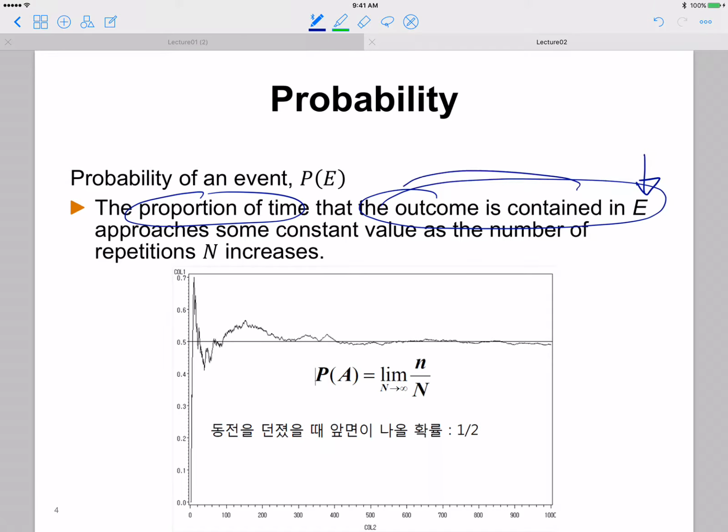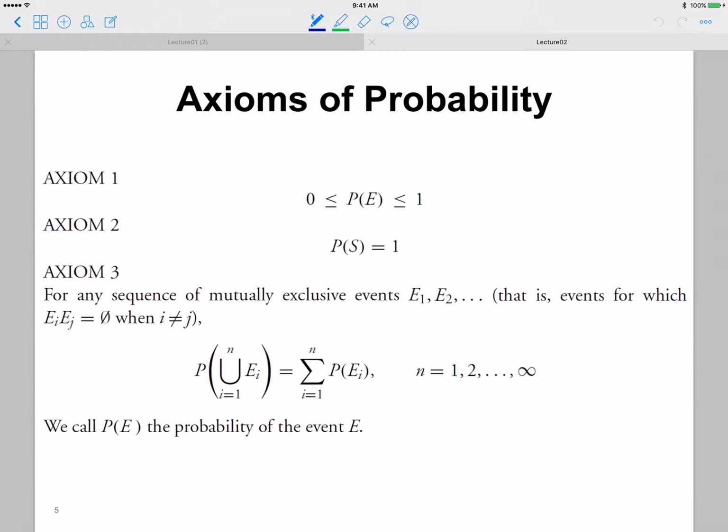We see, relatively, how many times we observe an outcome belonging to our event out of the total number of trials or experiments. And if we do this experiment many times, where n goes to infinity, then the relative frequency will converge to the true probability. This is the probability.